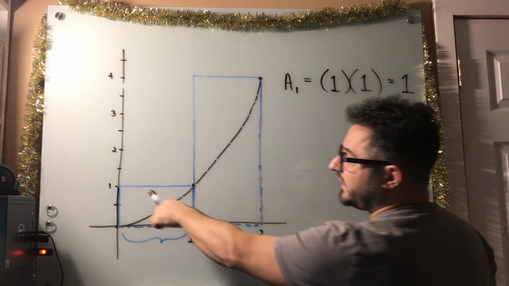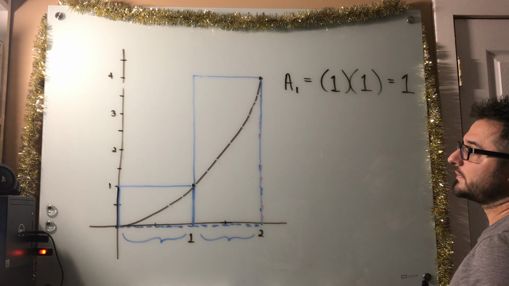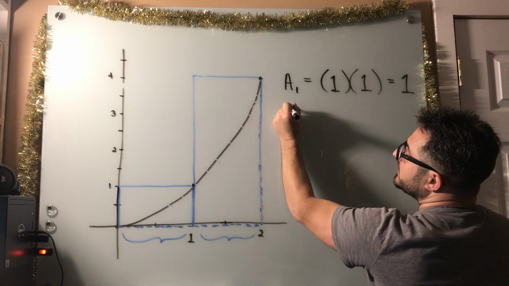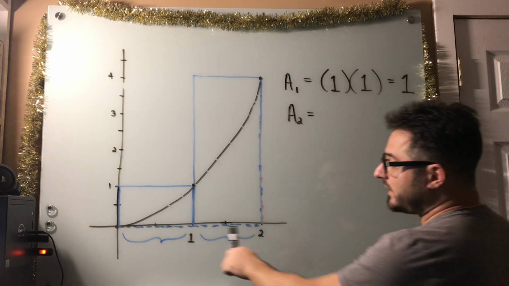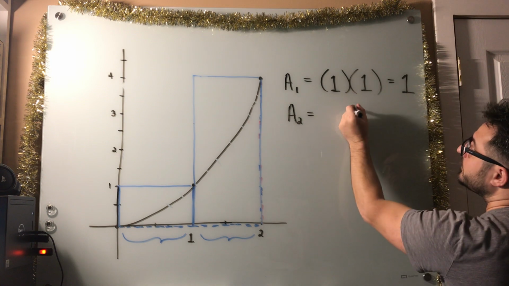So this first rectangle here now has an area of 1. But we have a second rectangle which we also need to find the area of. Now, its width is again 1.